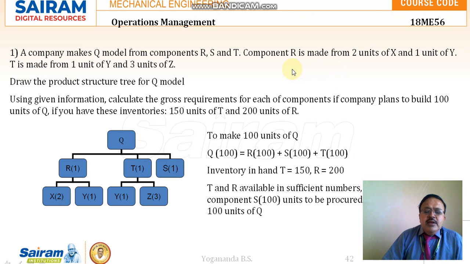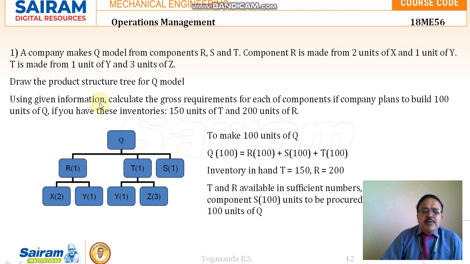And it is said that 1 unit of R is made from 2 units of X and 1 unit of Y. That is drawn here. Then component T is made from 1 unit of Y and 3 units of Z. So using the given data, the product structure tree is drawn.